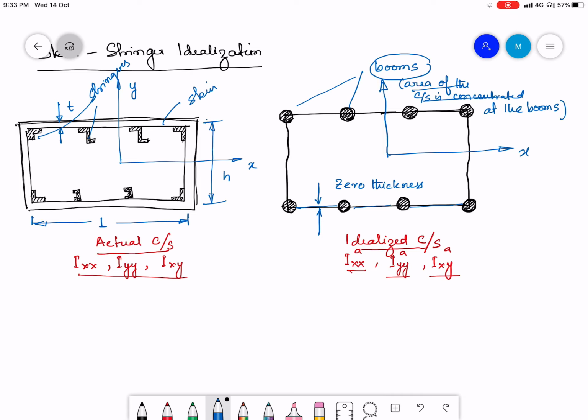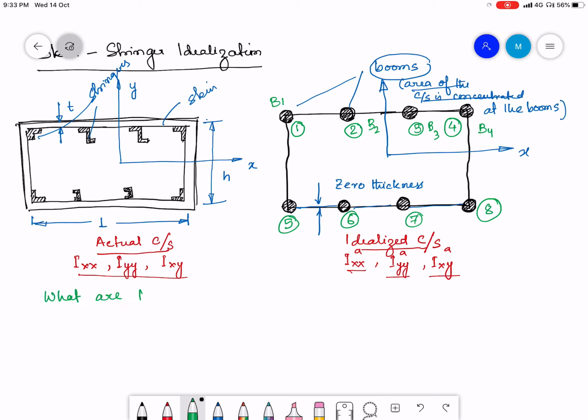So if I number each of these booms, say 1, 2 and so on, B1, B2, B3, B4 and so on, my next question is what are the areas of B1, B2, B8?